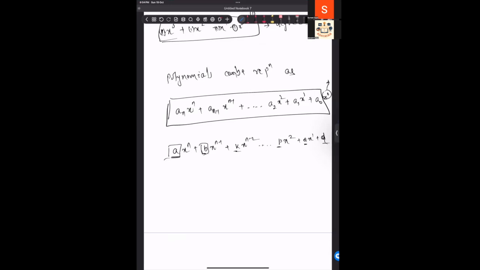So from this expression, we can draw certain general concepts.